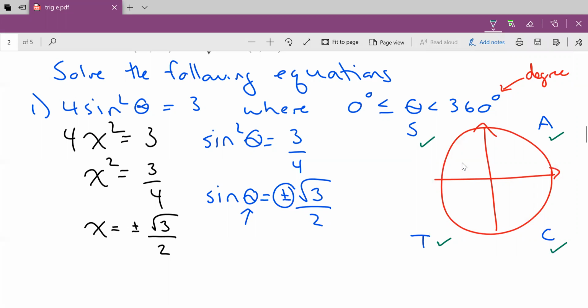Then what I say to myself is on my unit circle, my sine is the y value. So we're going to go look at our unit circle and say, where is the sine, the y value, root 3 over 2, or where is the y value, negative root 3 over 2? Let's go look at our unit circle.